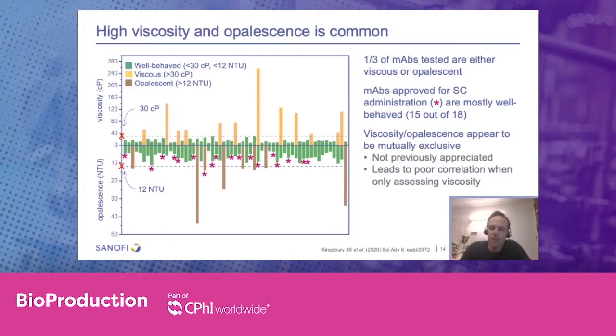Also, it allows us to broadly categorize our antibodies as being either well behaved, prone to viscosity, or prone to opalescence. So this color coding with the green, yellow, and brown is maintained throughout the rest of the slides.